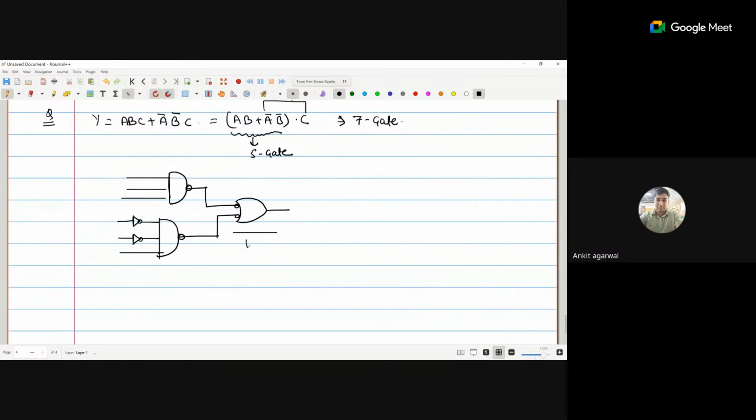Yes. So 1, 2, 3, 4, and 5. Okay, I'm not changing this NOT gate as a NAND gate, but you can do it. So your final implementation will be like that. So if it is said that we can use only 2 input gates, then we'll require 7 gates. Then. Yeah. Okay.